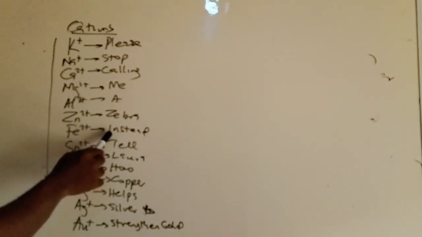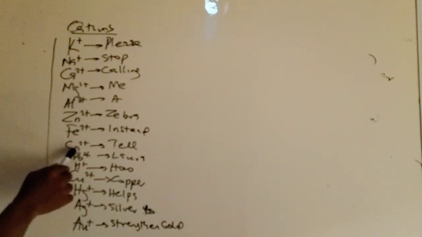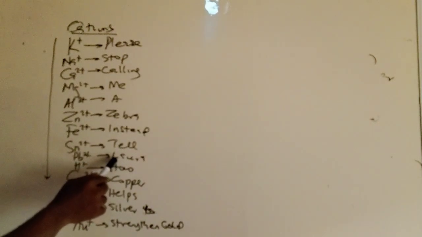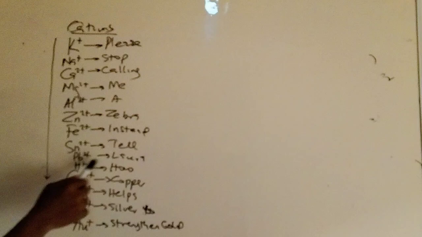M stands for magnesium. A stands for aluminium. Z stands for zinc. I stands for Fe, iron, ferrum. T stands for tin, Sn, stannum. L stands for lead. Pb, the symbol of lead, from plumbum, the Latin name. So I call it lead, depending on how you pronounce it.